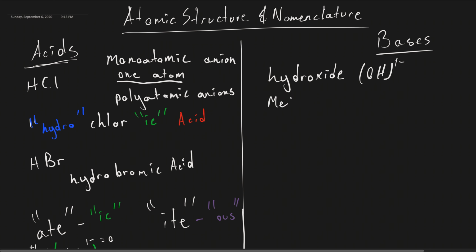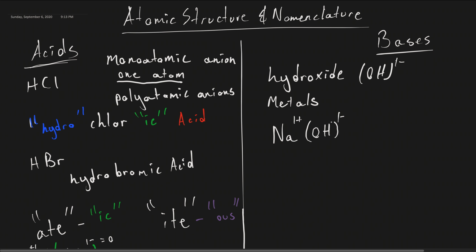So you typically have a metal and then a hydroxide bond. So for example, let's take sodium, right? The elemental symbol for sodium is Na, and sodium would have a positive 1 charge, and so you would add it to this hydroxide, which has a negative 1 charge.